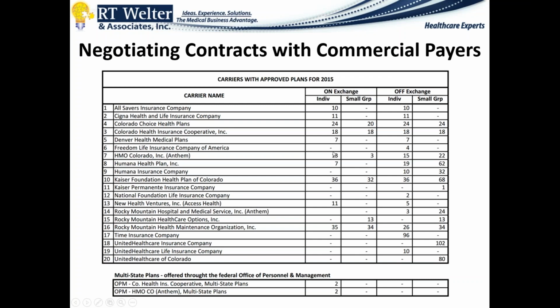So we're looking at real numbers for the amount of plans that are offered by different insurance companies, both on exchange and off exchange. The point of this slide is just to let you know that there are lots of commercial payers, and you'll want to figure out which ones you would like to target for contracts. And this is publicly available information.